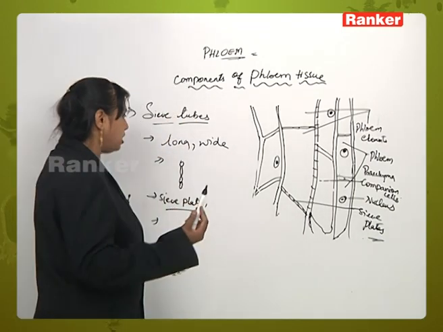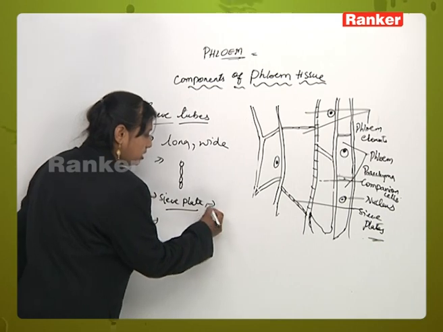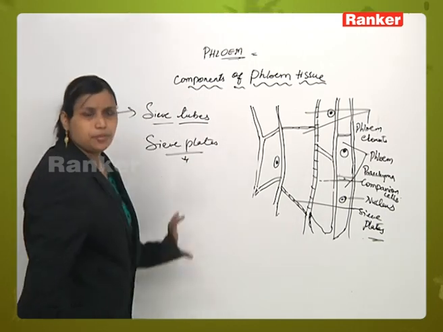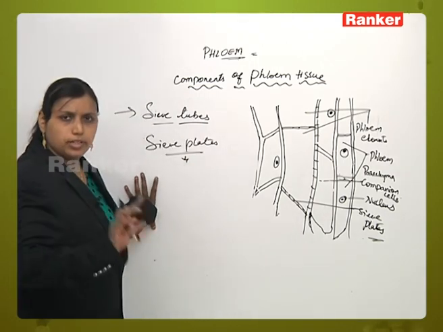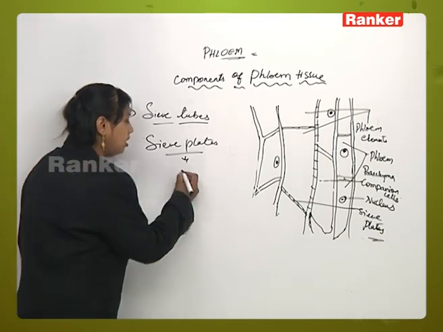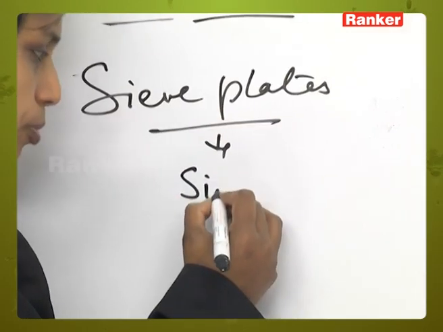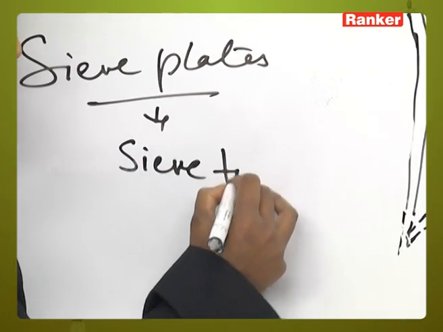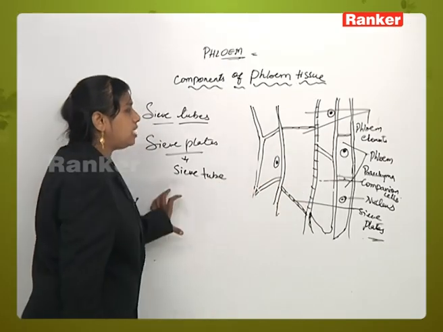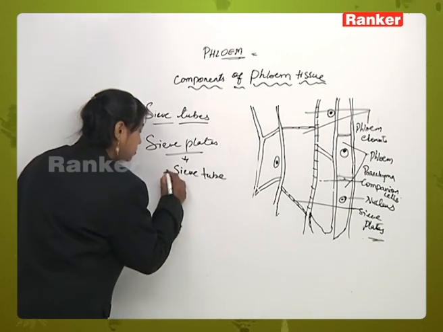Now, when we talk about sieve plates, what are sieve plates? Normally, this type of sieve plate arrangement connecting two sieve cells occurs in the majority of sieve tubes. Now, these appear only in angiosperms.